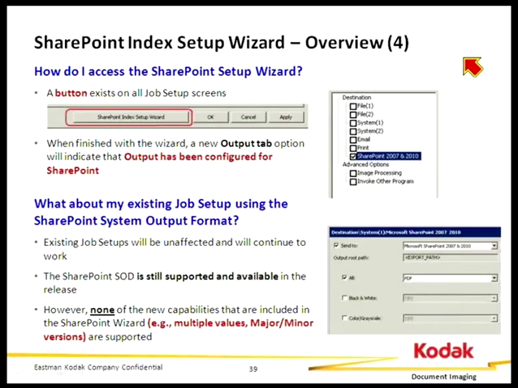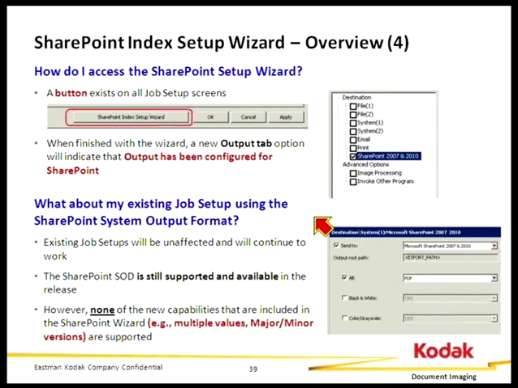Now, what if I have an existing job setup that's using the existing system output format? That still exists, no problem. Those existing job setups will be unaffected. They'll still work. As you can see here, the SharePoint system output is still available. However, this existing system output has none of the new capabilities that we just talked about.